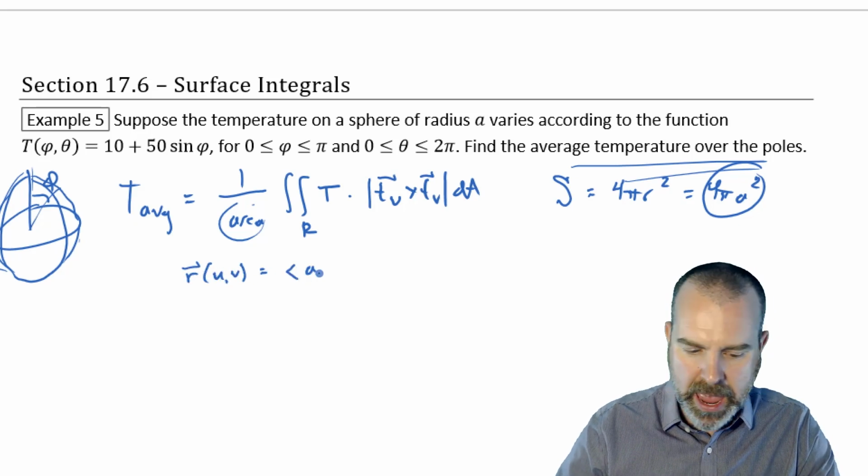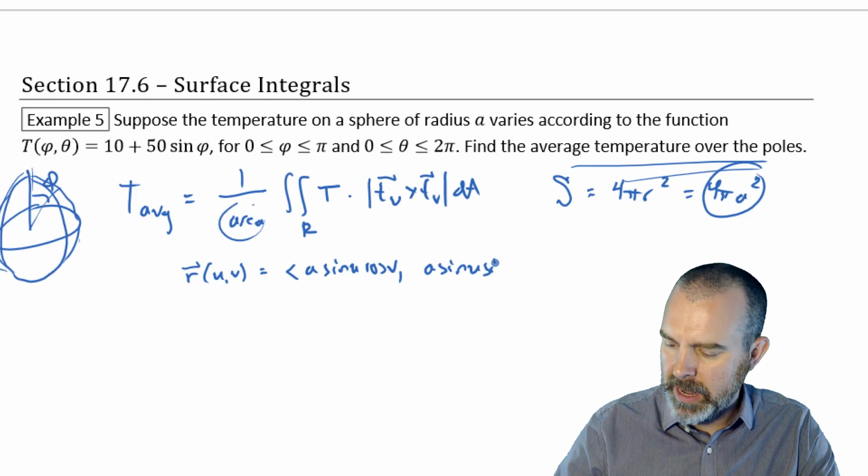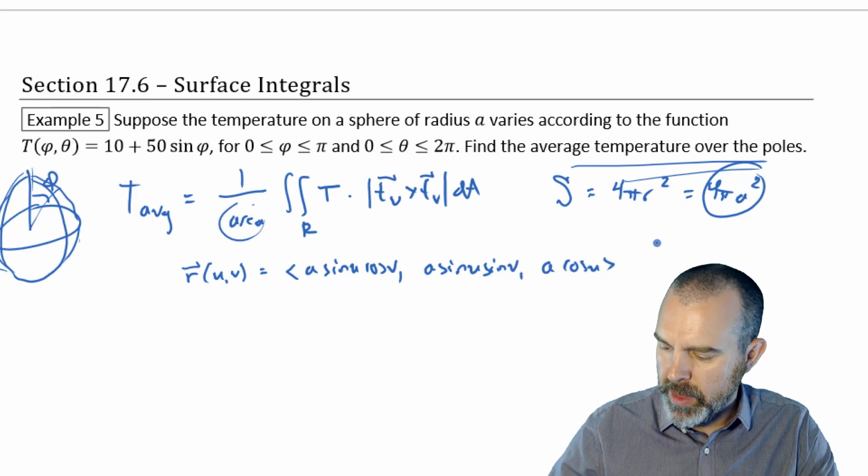A sine u cosine v, A sine u sine v, and A cosine u, with u from 0 to pi, and v from 0 to 2 pi.